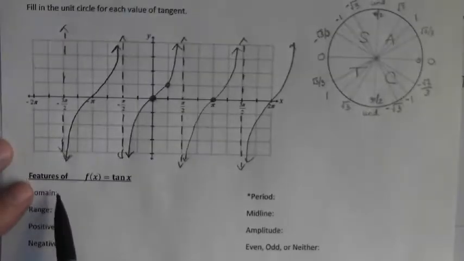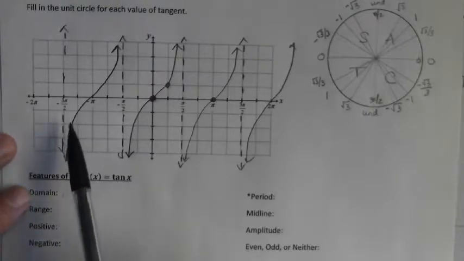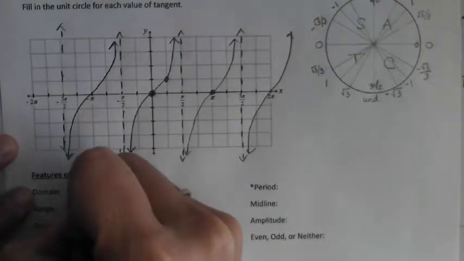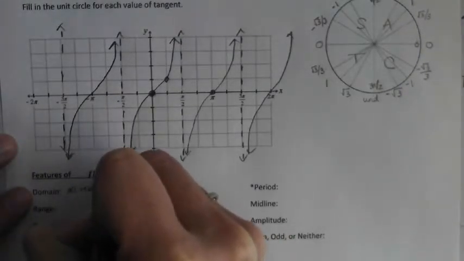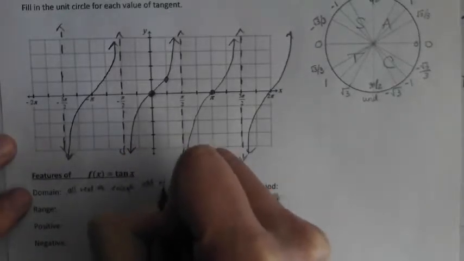Number 1, the domain is not all real numbers like it is for sine and cosine. It's all real numbers except the odd pi's over 2.